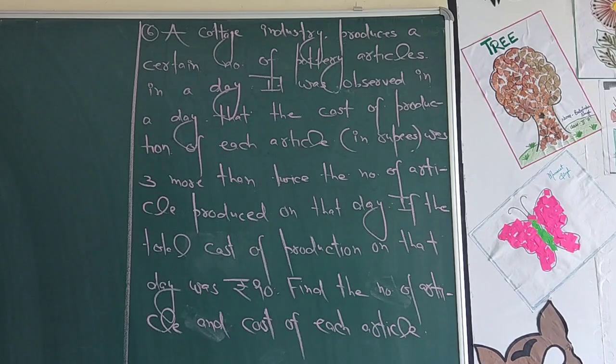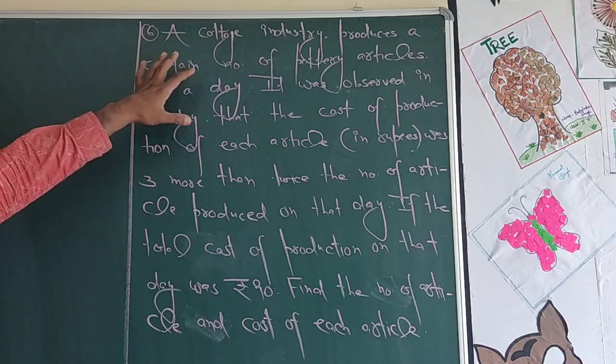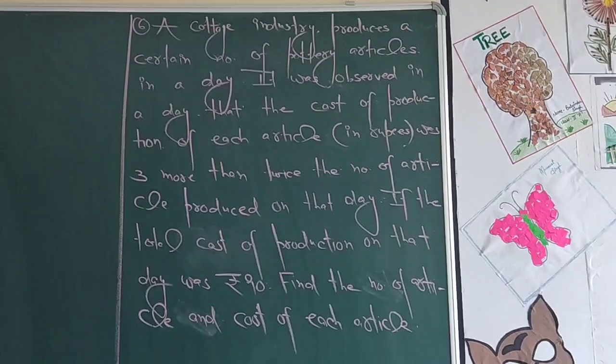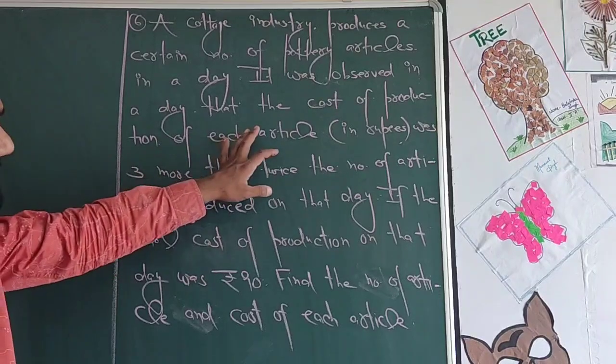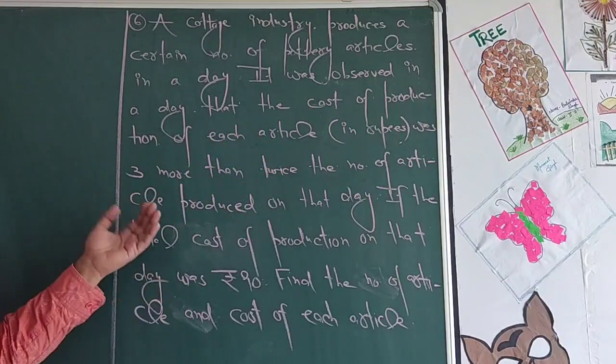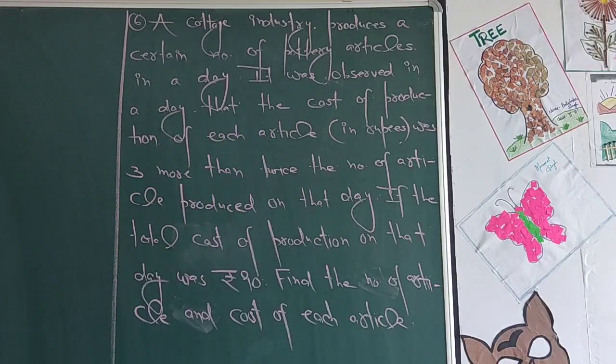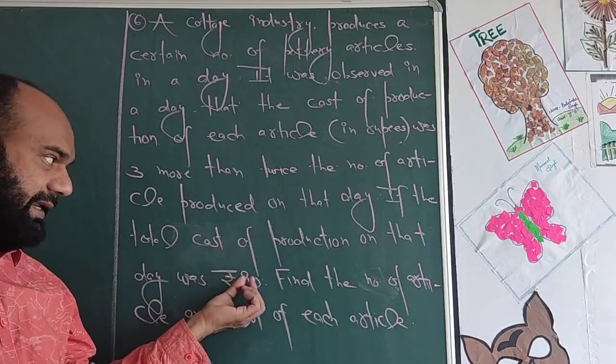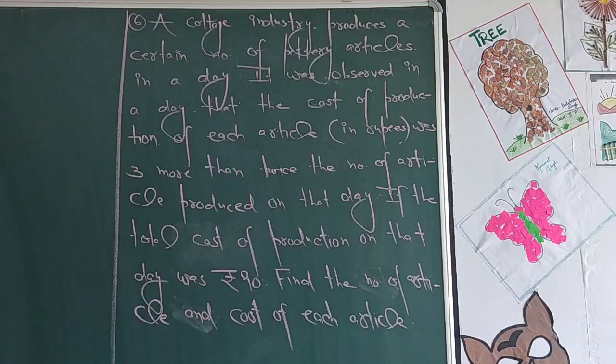In this question, it is given clearly that a cottage industry produces a number of articles in a day and the cost of each article in rupees is 3 more than twice the number of articles produced on that day. When the total cost is 90, find the number of articles and the cost of each article.